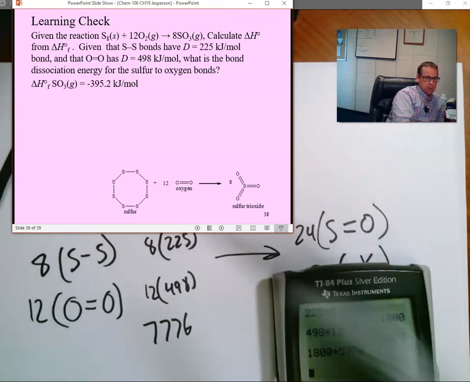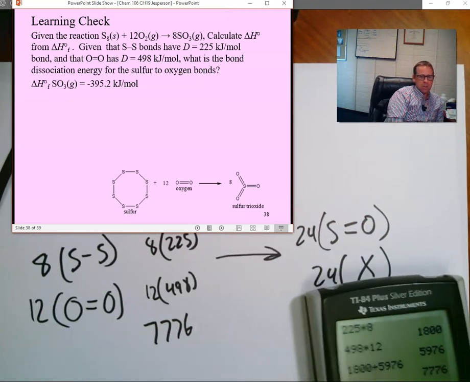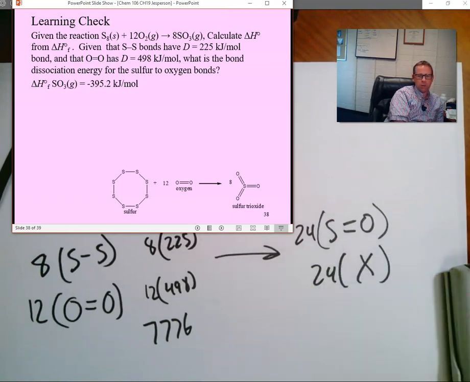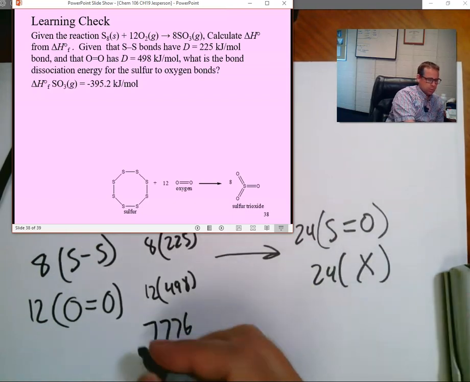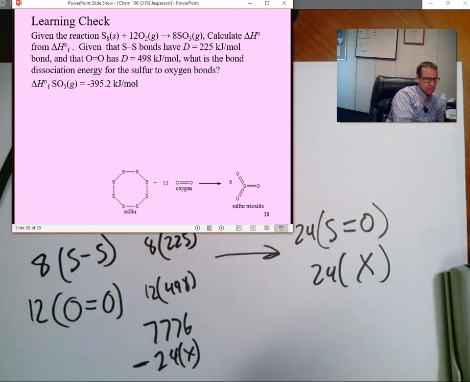That's our energy that's stored in our reactant bonds, okay? Our energy stored in our product bonds was going to be represented by our 24x. So reactants minus 24x, all right?